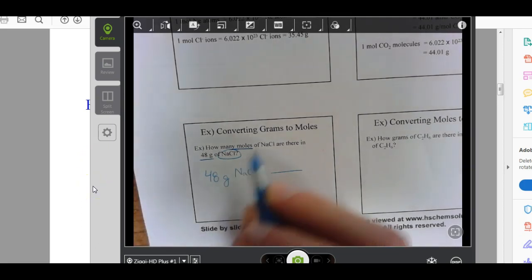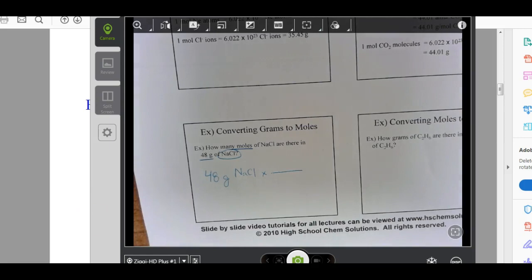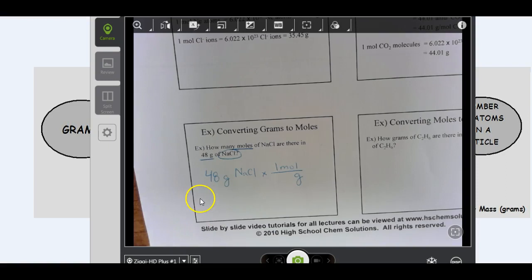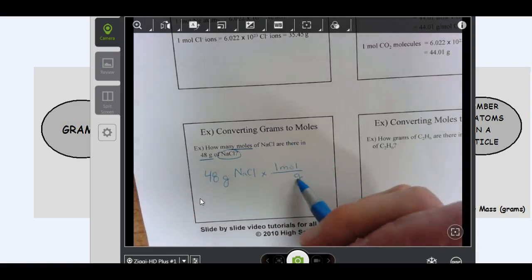I have grams. I'm trying to get to moles. How do I do that? Let's go back to the picture. If you have grams and you're trying to get to moles, it says right here to put 1 mole on the top and the molar mass in grams on the bottom. So let's go back. I've got 1 mole on the top, and then I'm going to do the molar mass in grams on the bottom.